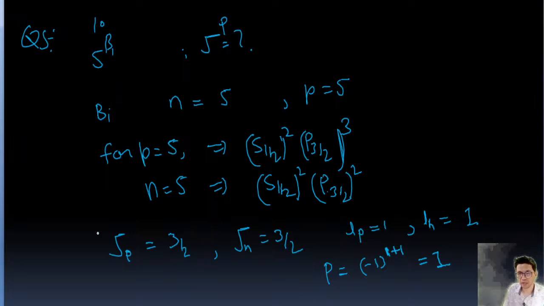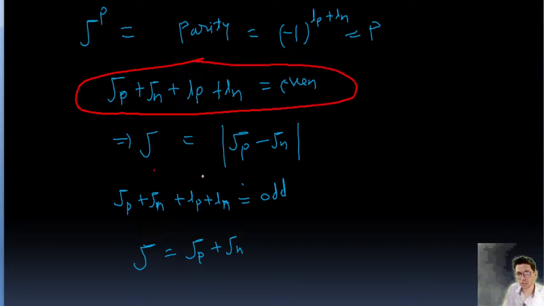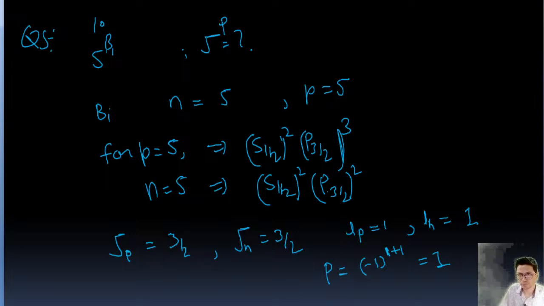And now we'll find the J value. For the J value we have to check this: if the sum of this is even, then the value of J is this; if the sum is odd, then the value of J is that. So J equals Jp plus Jn plus Lp plus Ln, right?